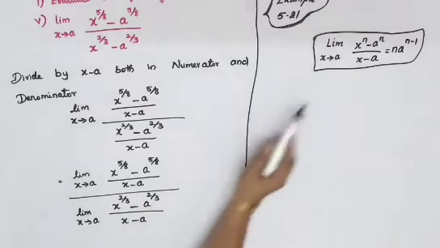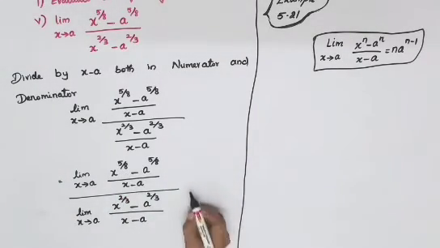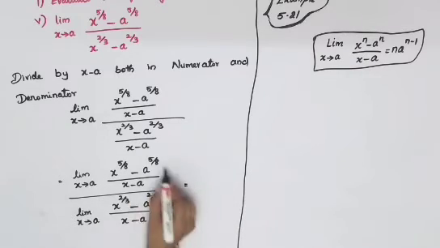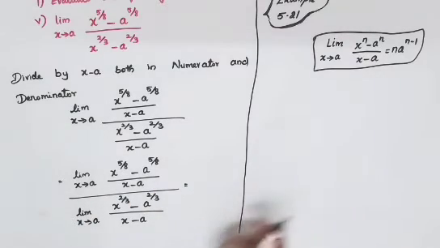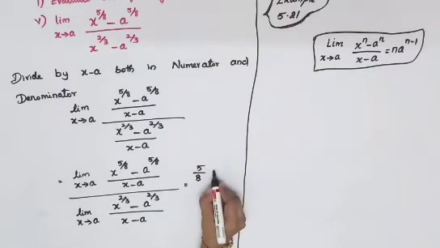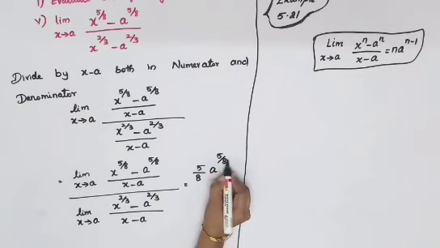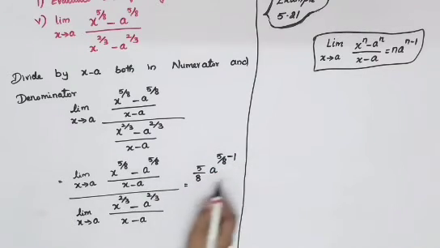But here in the place of n we have got 5/8. So what you can write is, with the limit only, don't write your limit again, only n a power n minus 1. So it will become 5/8, a power 5/8 minus 1, in the numerator.